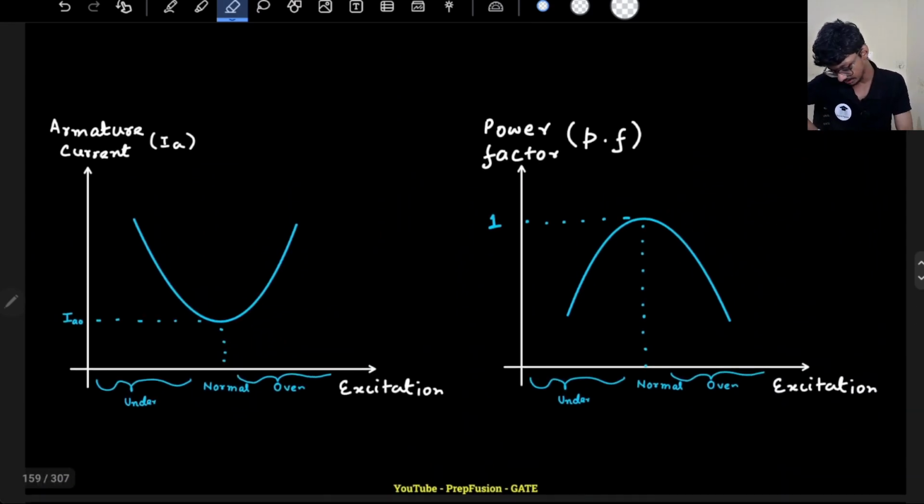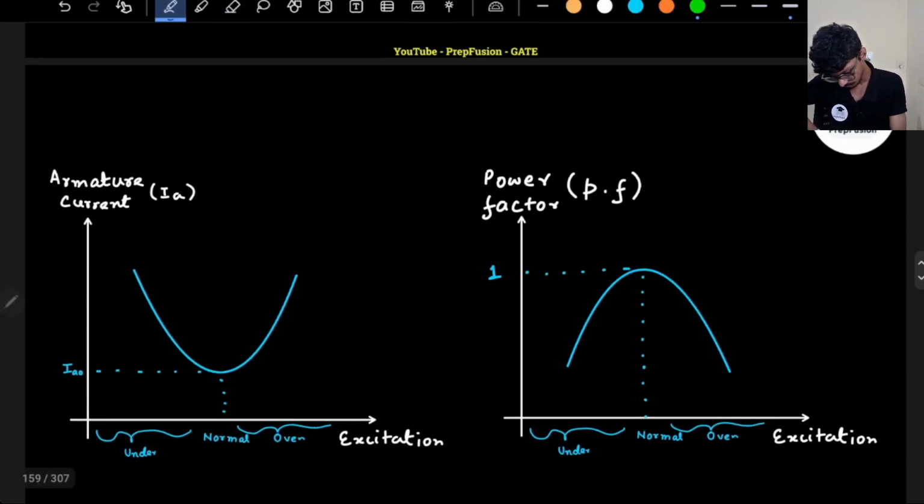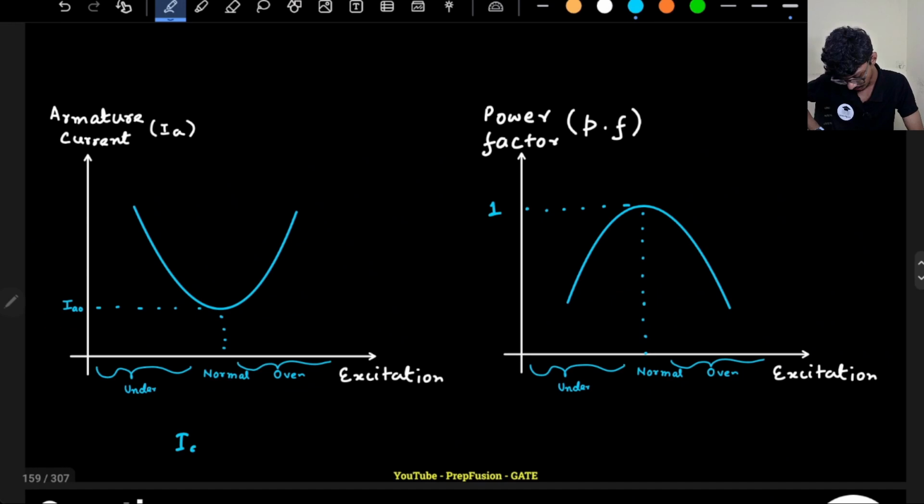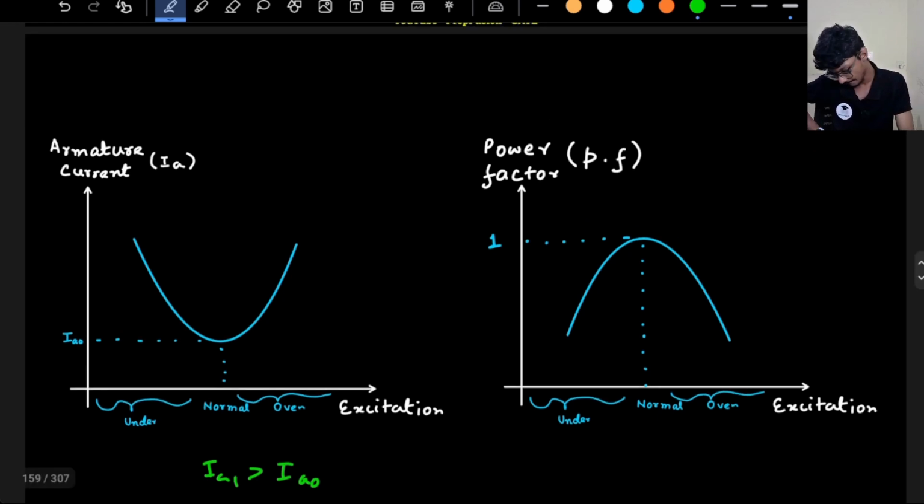So basically if I increase the IA naught, and I change it to IA1, and IA1 is greater than IA naught, then this will increase.